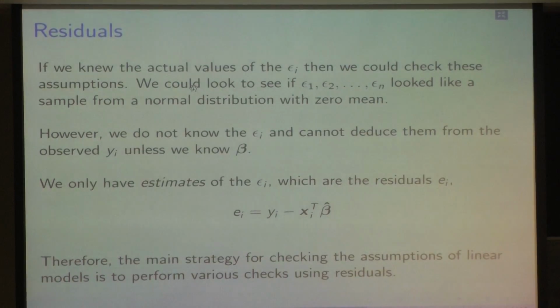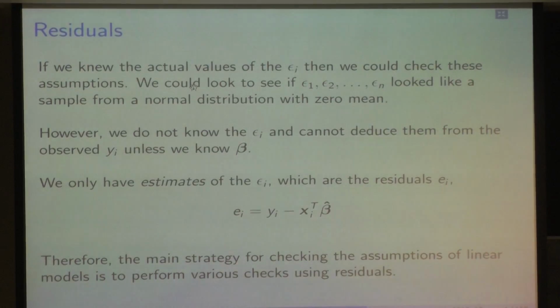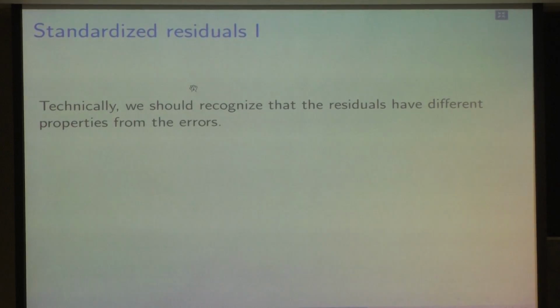Okay, so the first thing I'm going to talk about is that there are some differences in the properties between the residuals and the random terms epsilon_i that they're estimates of. So the epsilons, the random terms in the model, we assume that those are independent and they all have the same variance and they have normal distributions with mean 0.